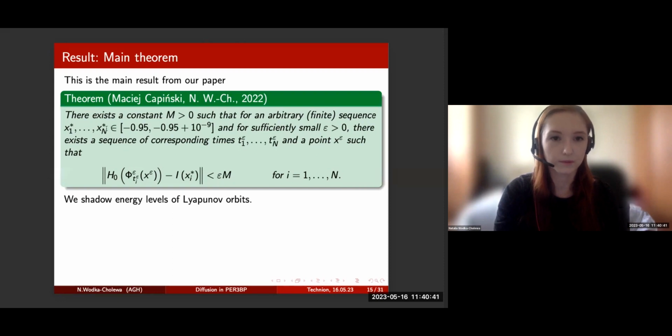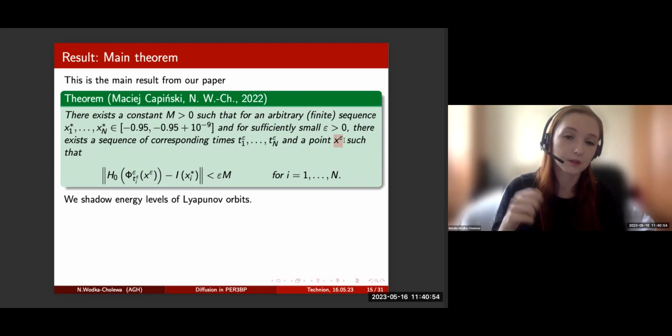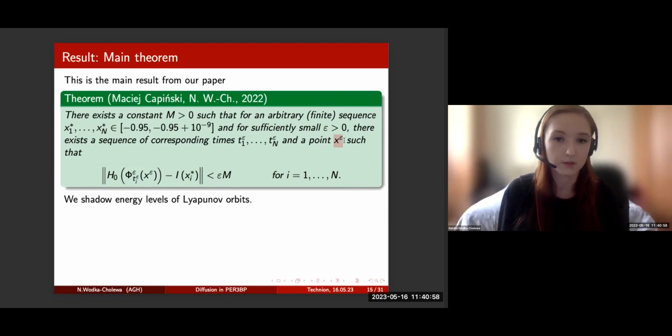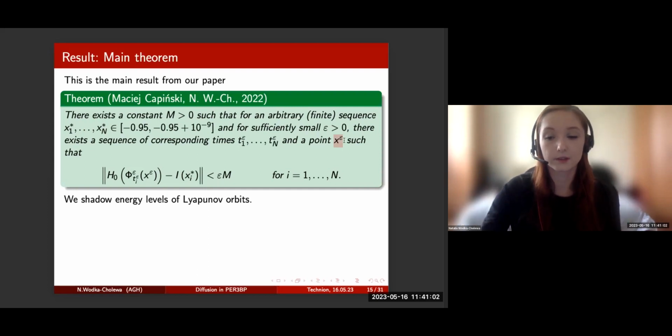So yes, it's one point that depends on where we are and how the perturbation is, and there are different times, of course, for different values. It's understandable. Okay, so this is the result.